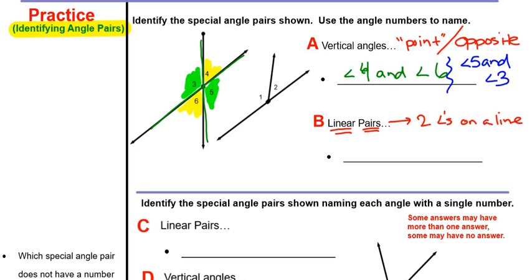When I look at angle 1 and angle 2, they are not pointing at each other, they are just next to each other. Which brings us to the linear pairs. Linear pairs have to be two angles on a straight line. If you notice here, we have a straight line. We have two angles, angle 1 and angle 2, that are on that straight line. If you look even deeper into the question, you'll notice that you have more straight lines. And here we have angle 3 and angle 4.